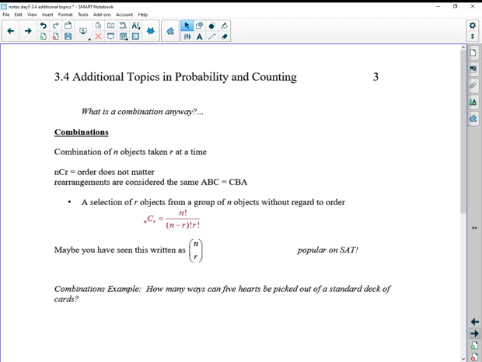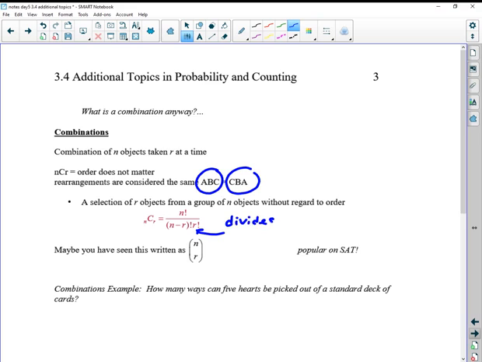Okay, so then what about combinations? Combinations is when your order doesn't matter. So ABC is going to be considered exactly the same as CBA because we don't really care about the order. So down here in our formula, it looks a lot like the permutations formula, but what this does is it basically divides by the ways you could have reordered your situation.